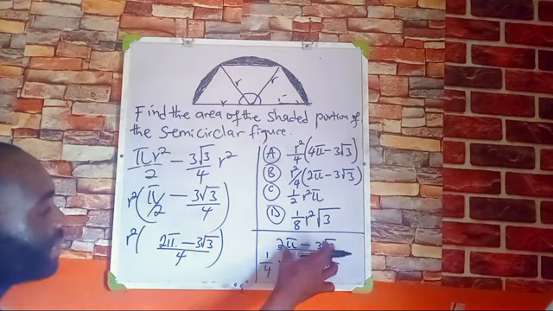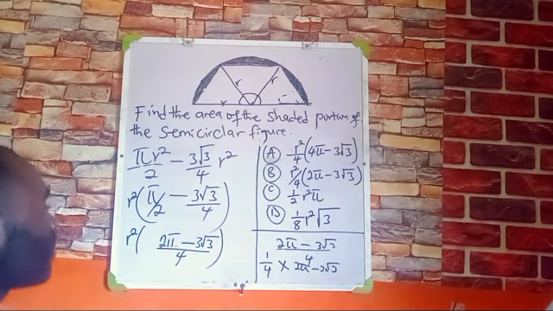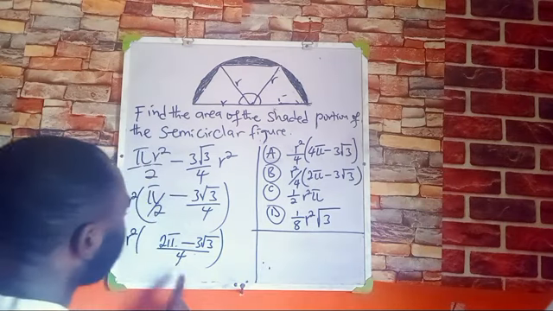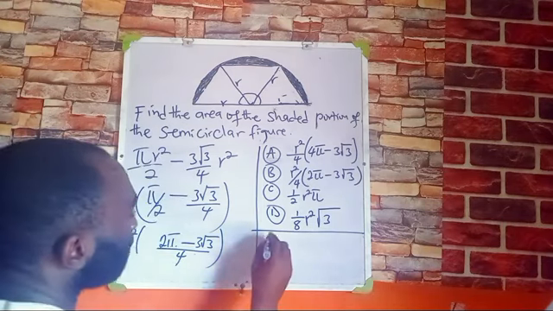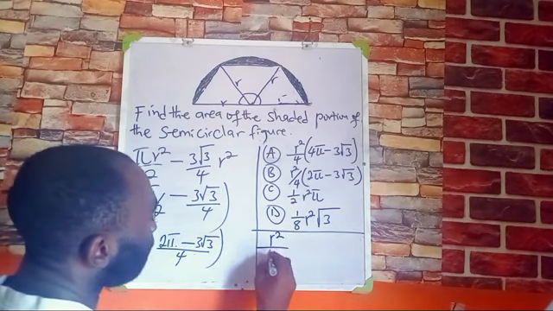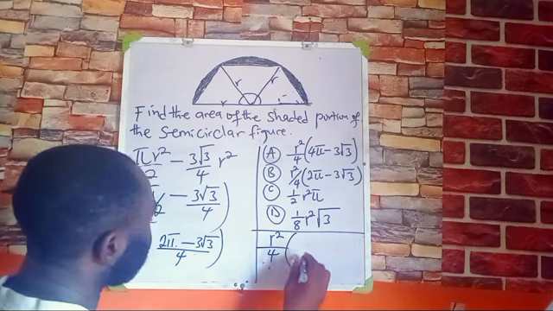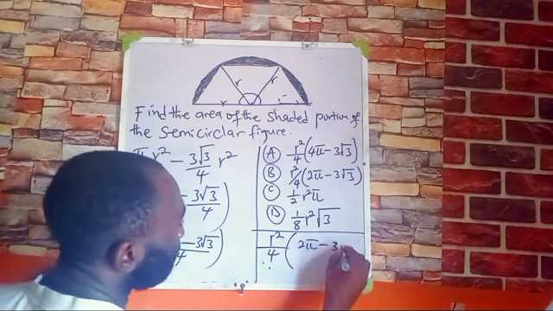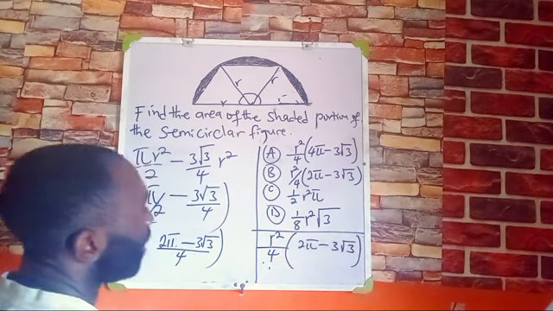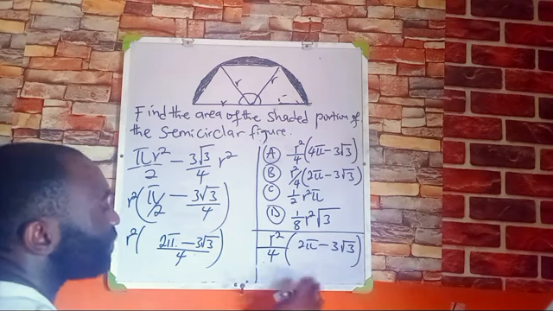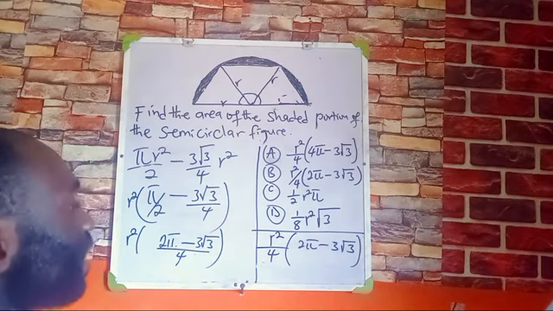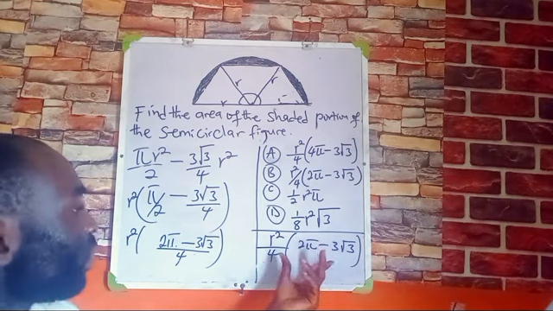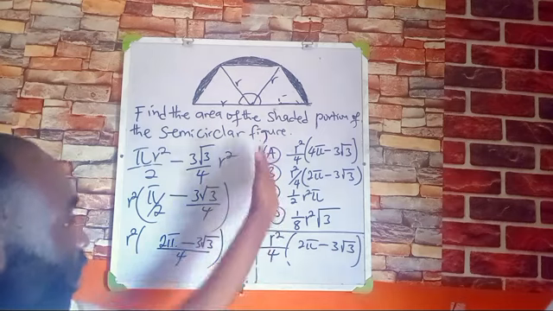So we can put it in that form and take this outside. That will be r square all over 4 bracket open 2 pi minus 3 square root of 3, and this is our final answer.